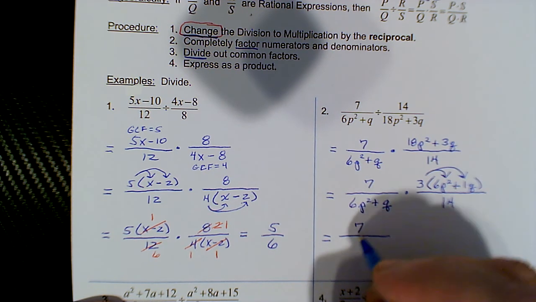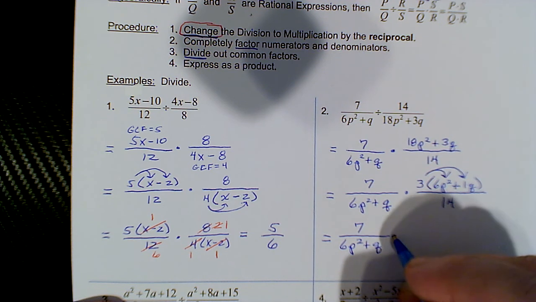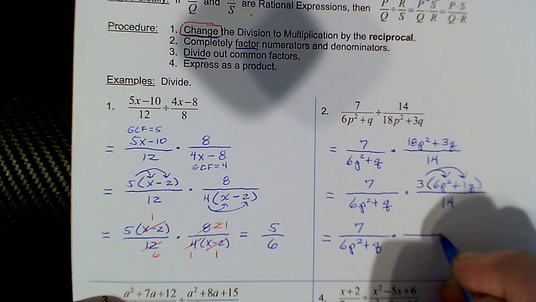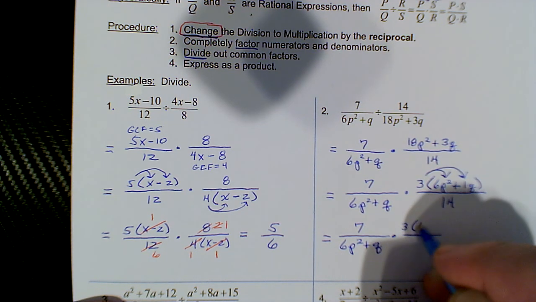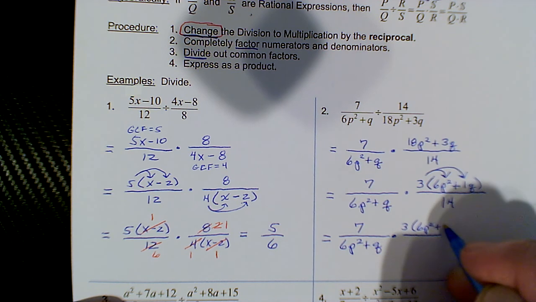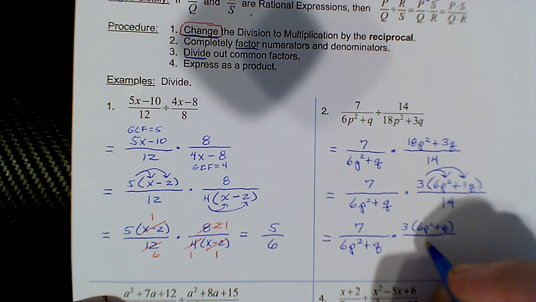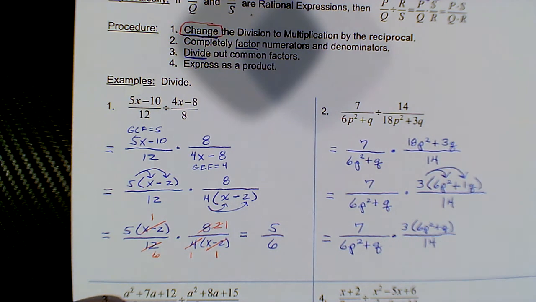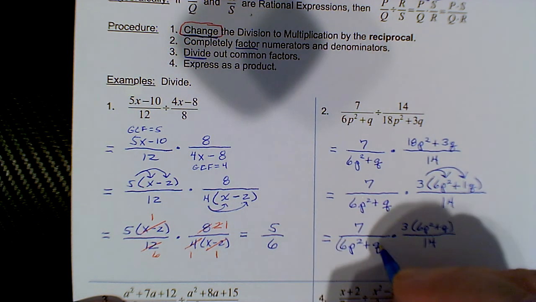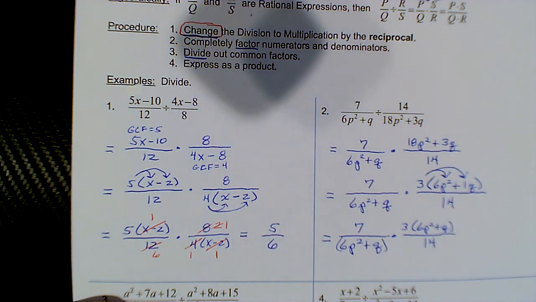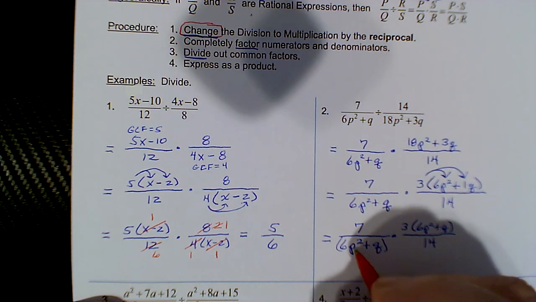And then let me recopy everything without the arrows. So the 7 over the 6p squared plus q. 3 times the 6p squared plus q, a binomial, over 14. And now we cancel. So if you want to throw some parentheses around this 6p squared plus q, those will cancel.